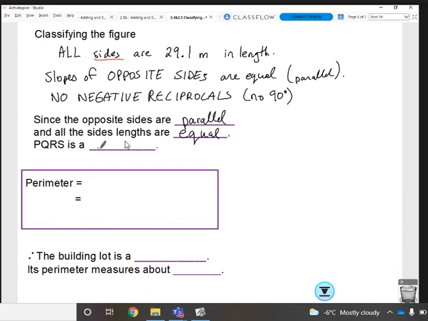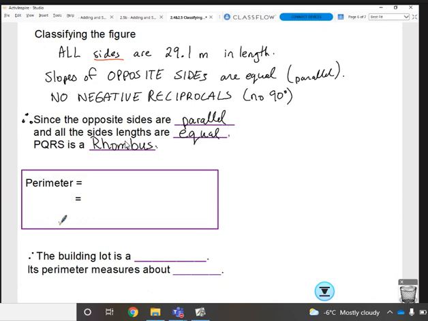Rhombus. It was almost a square, but there are no right angles, right? That's a good therefore statement. So we classified the shape as a rhombus.